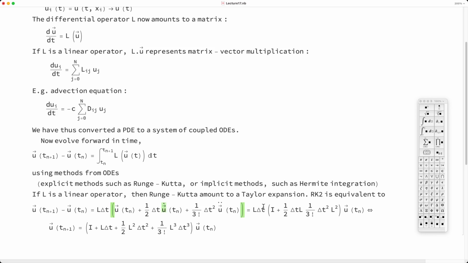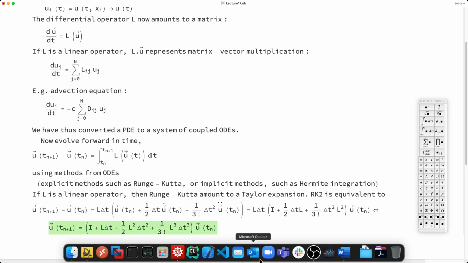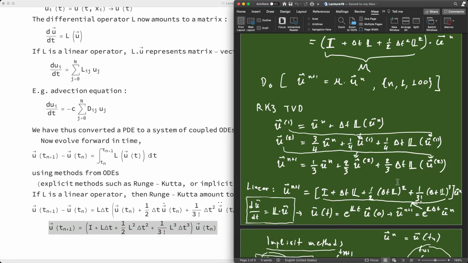So u dot is replaced by L times u, and u double dot is replaced by L squared times u, and we can factor out u. So we have this expression right here. Then we can collect these terms together with this term u at t_n, which we can bring to the right hand side, and factor out everything. Finally we arrive at this expression, which is the same expression we wrote down here, but we arrived at it in a slightly different way by doing a Taylor expansion of the integrand.